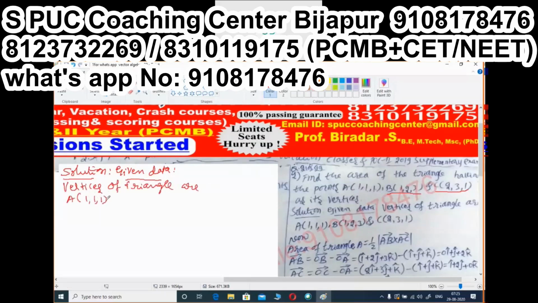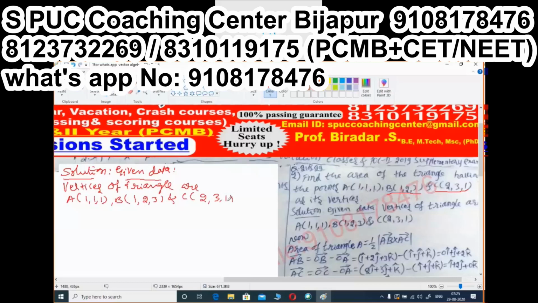Next B vertex is 1 comma 2 comma 3. Next C vertex is 2 comma 3 comma 1.